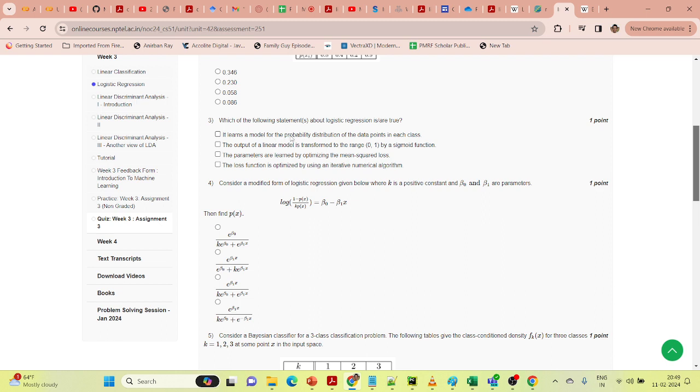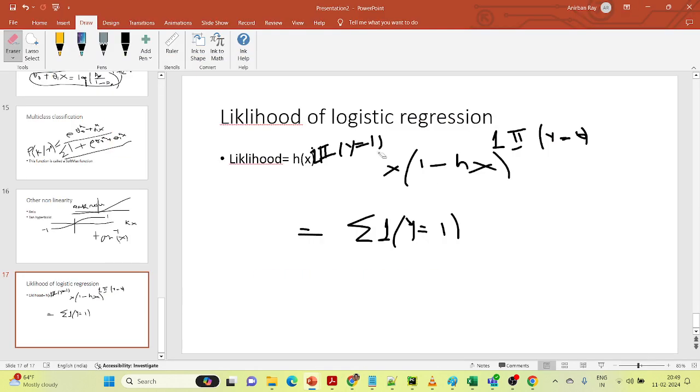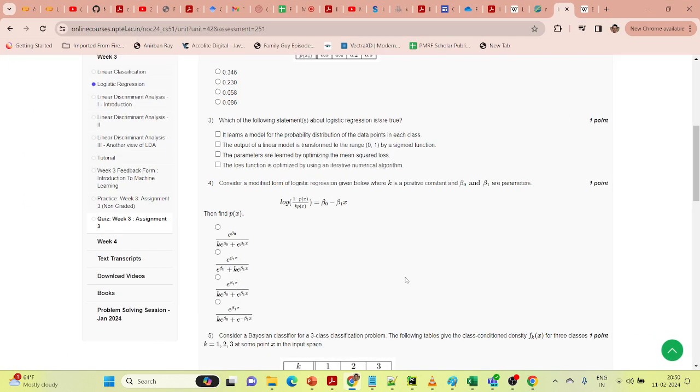It learns a model for the probability distribution of data points in each class. So let's see. Yes, that is true. This Bernoulli distribution is exactly that, the distribution of the data in each class.